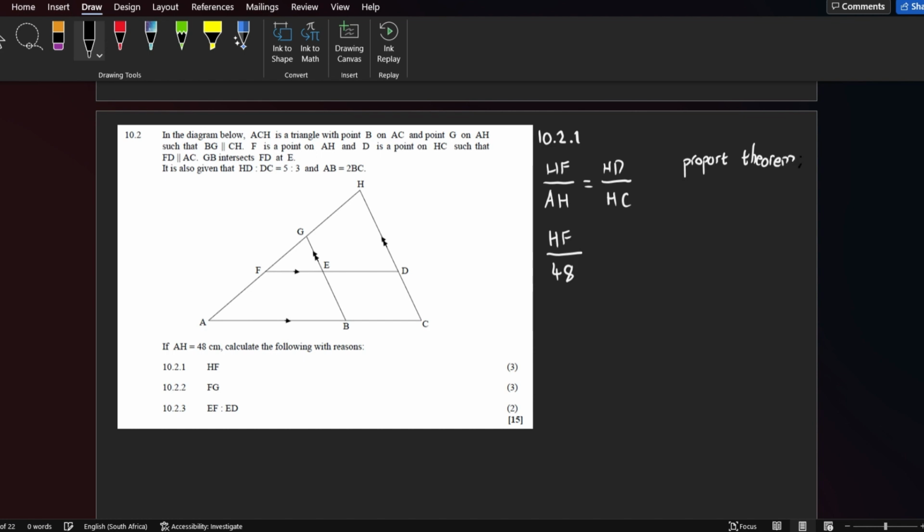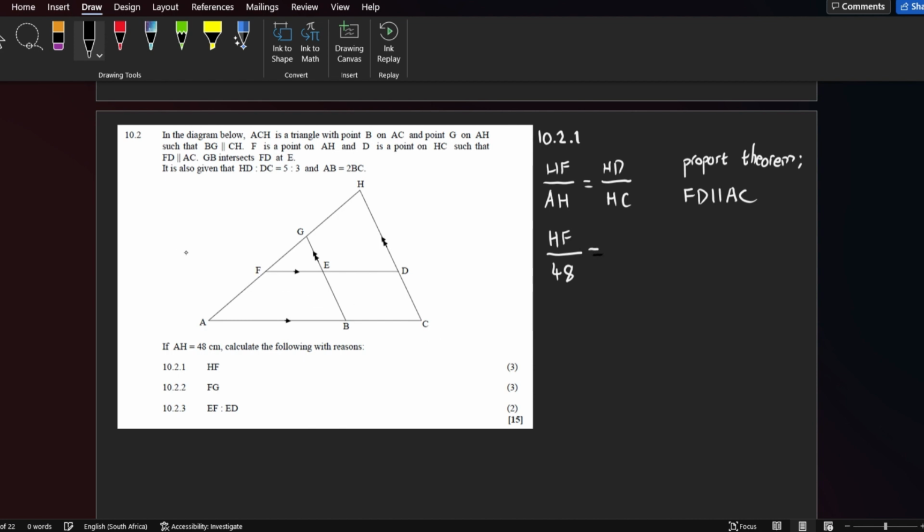And whenever using the proportionality theorem, you must state your parallel line, so that is FD is parallel to AC. So you can only state that two pairs of sides are in proportion, HF all over AH, HD all over HC, due to the proportionality theorem, which exists because of parallel lines.